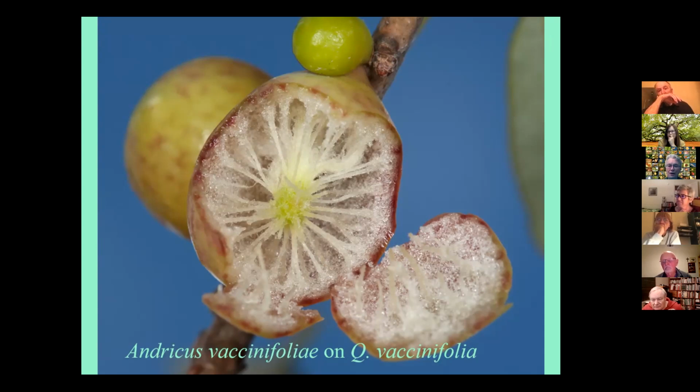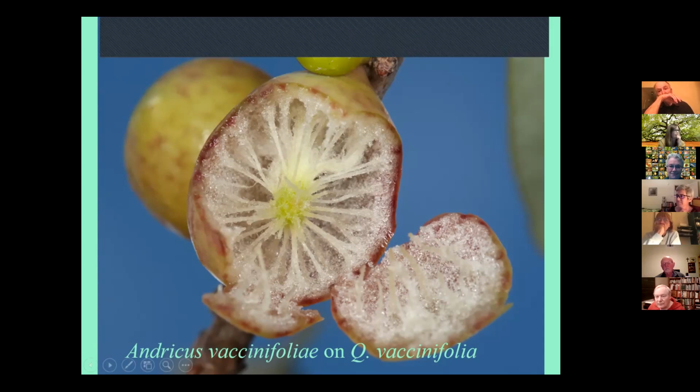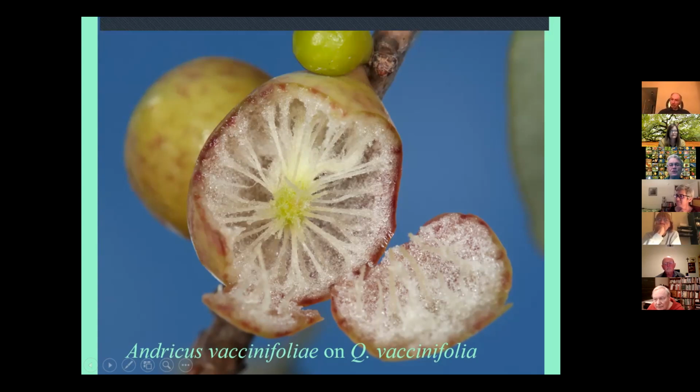But the classic oak apple has a central chamber and lots of thread-like tissue holding that central chamber in the middle, so that there's a papery, thin rind on the outside, and then little spindly tissue leading to a central chamber. Now, if we cut that open, we would find probably a larva, because this looks pretty early in its life cycle.